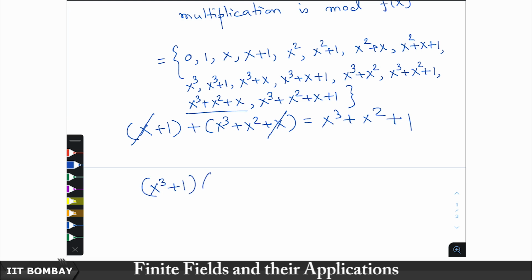Now, if you want to multiply two polynomials, let us take the example of (x^3 + 1) times (x^2 + 1). If you multiply, we will get x^5 + x^3 + x^2 + 1.